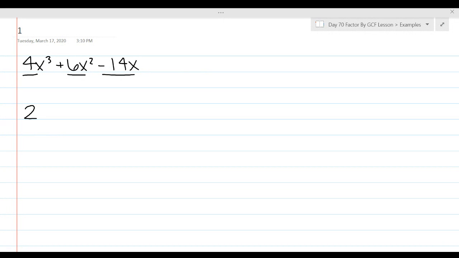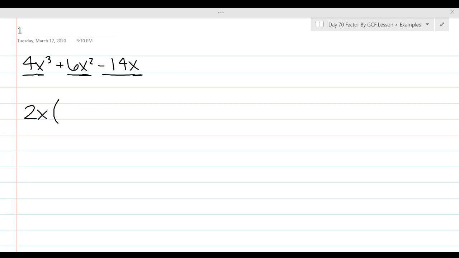You can only do that if all three terms have variables. So in this case, all three terms do. So the biggest number of x's we can pull out is 1, right?